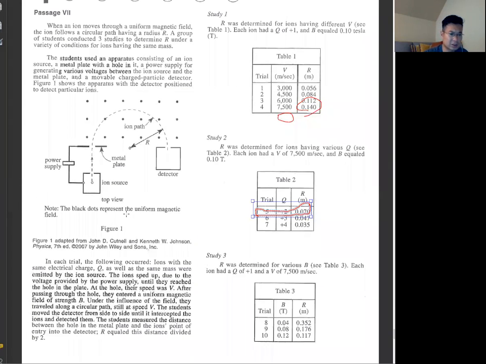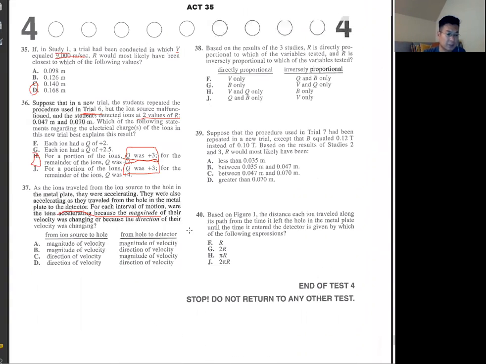Iron source is this one, on figure 1, and the detector is this one, and the hole is this one. So iron source to hole is, if you shoot out faster, it's going to go far away, right? So how fast it can go out is important. That's why velocity is important, the magnitude itself, right? And from hole to detector, the direction, this way it goes or that way it goes. So the direction is important. That's why it's B.